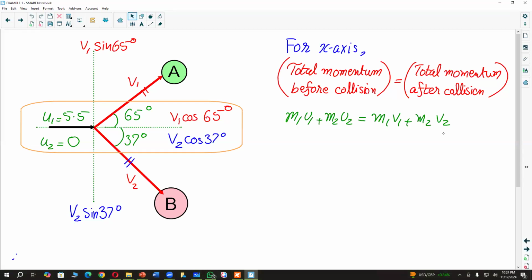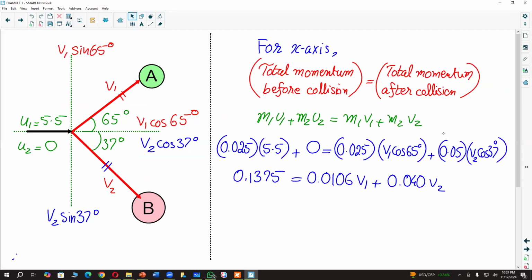Should I put the values into the formula? Okay. So it will be 0.025 into 5.5 plus 0.050 into 0.